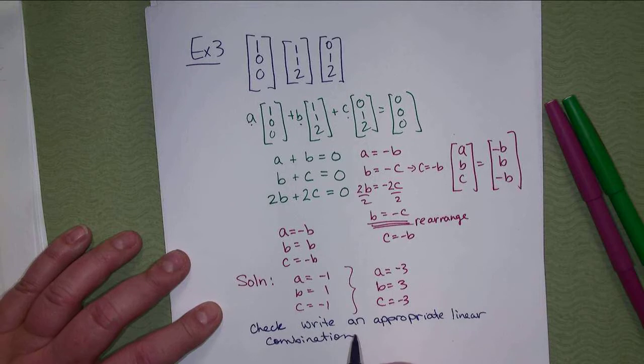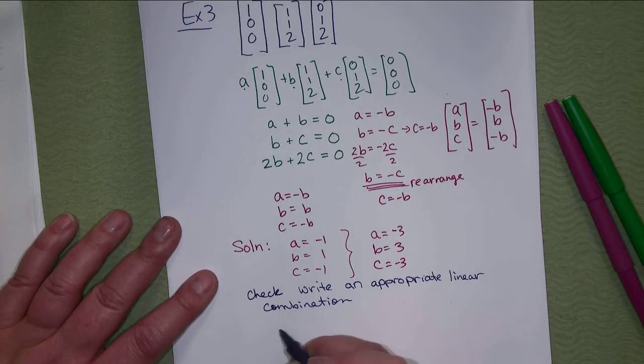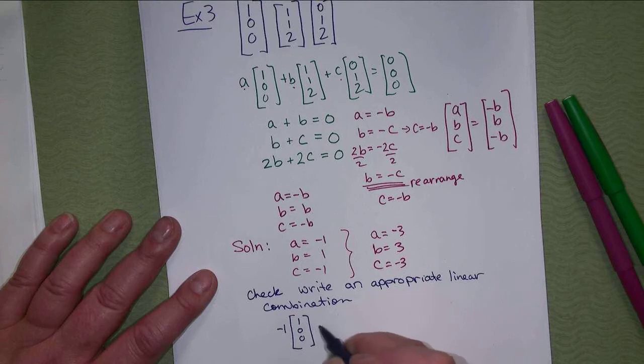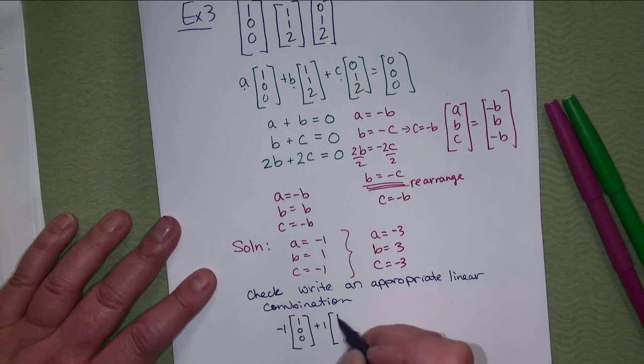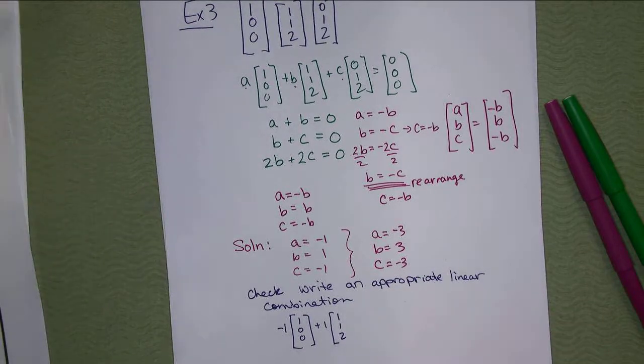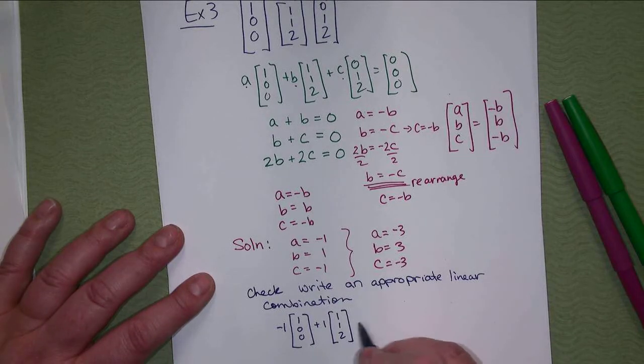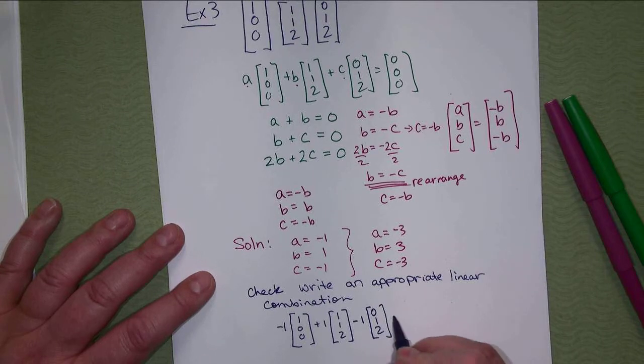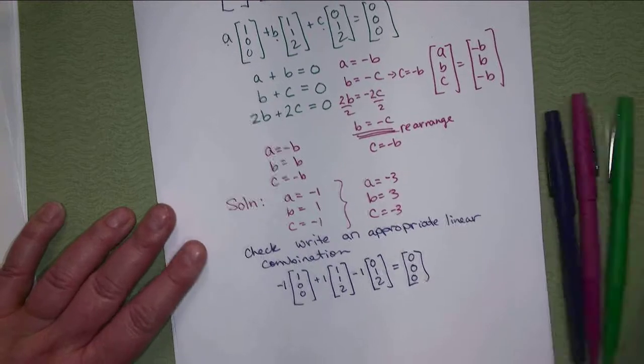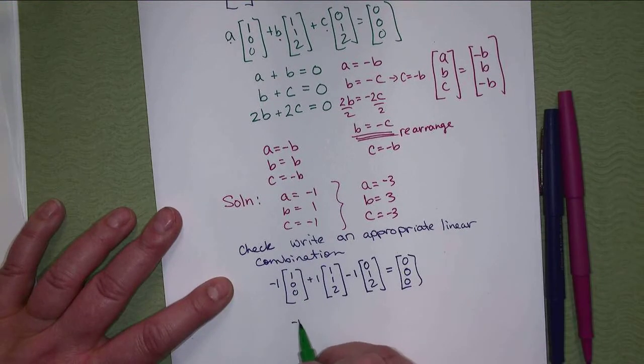So if it's dependent, you would have answers in for A, B, and C. And if you work this out, you could just check if your answer's right. This gives me minus 1 plus 1 minus 0.